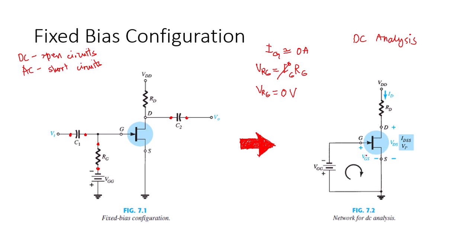So, moving on. The 0 volt drop across RG permits replacing RG by a short circuit equivalent as appearing in the network.